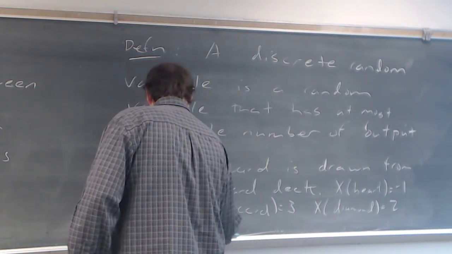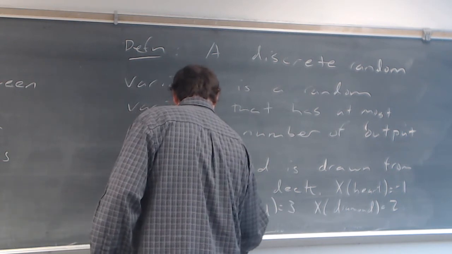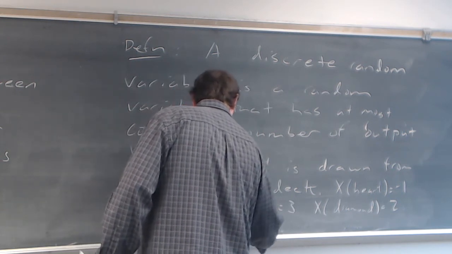Then this X is a discrete random variable.